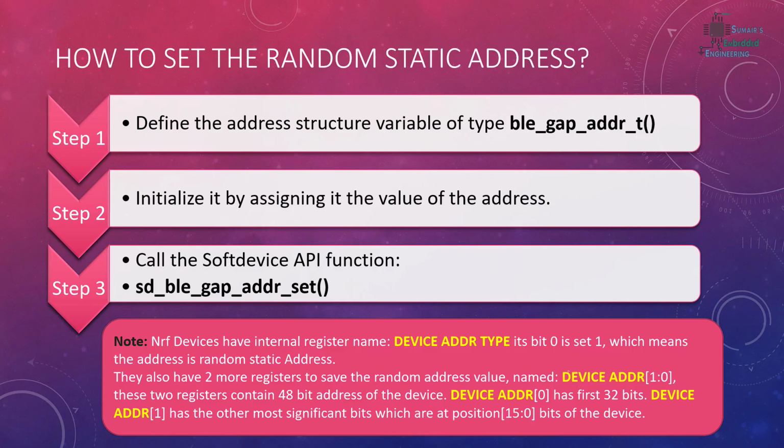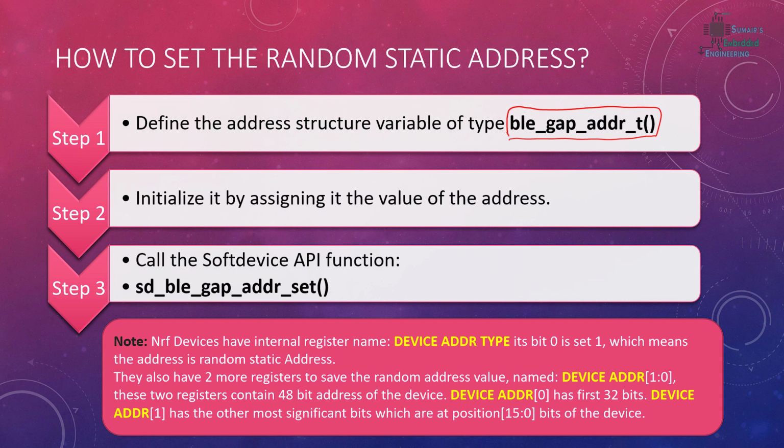Previously we have seen the 3 steps. In those steps we have some configurations for setting the random static address. In order to write the program for random static address, we need to understand this structure, which we will see in the next slide. The BLE gap address type structure holds the values for the type of address.